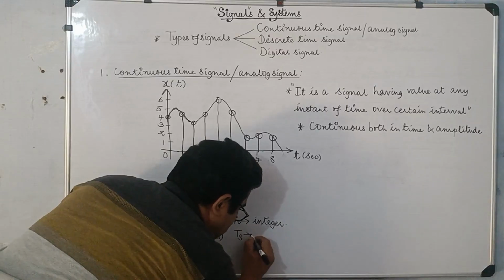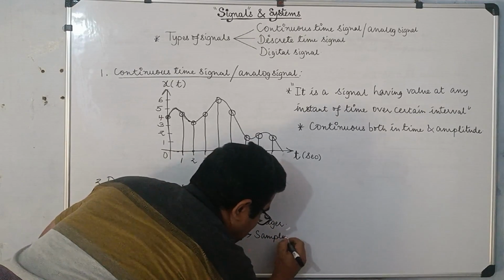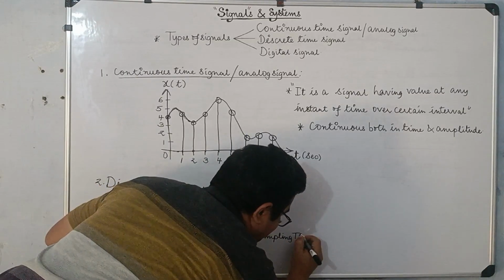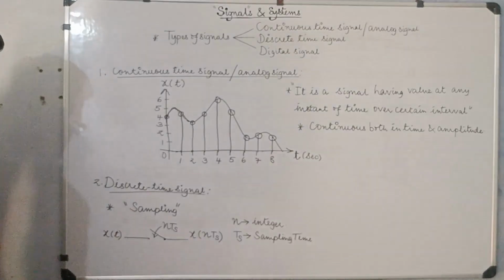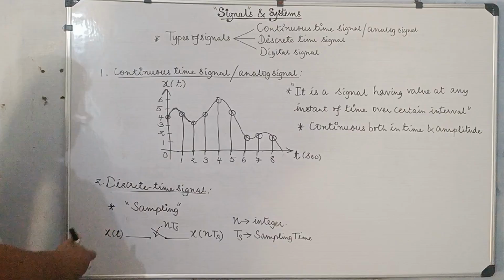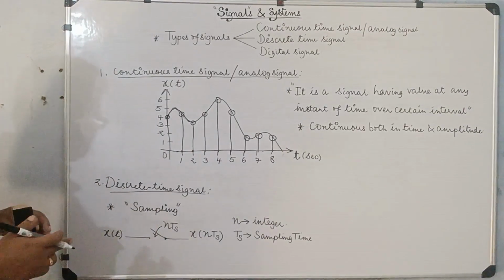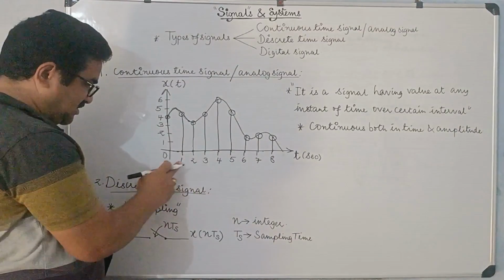So every Ts seconds I am taking the amplitude of the signal, the sampling time. Okay, so after taking the samples, whatever set of samples you are getting is known as a discrete time signal. So these are my samples in this case here.